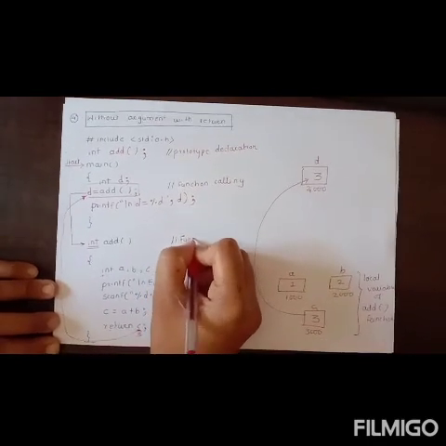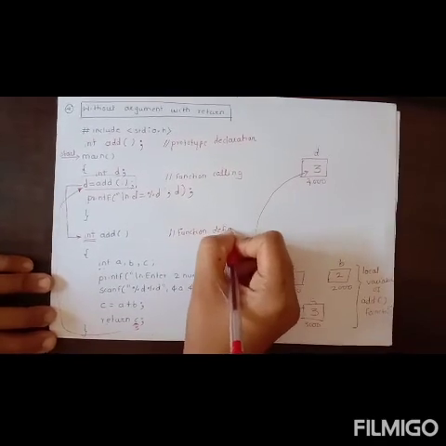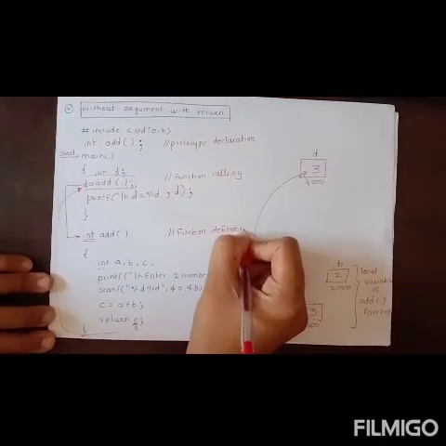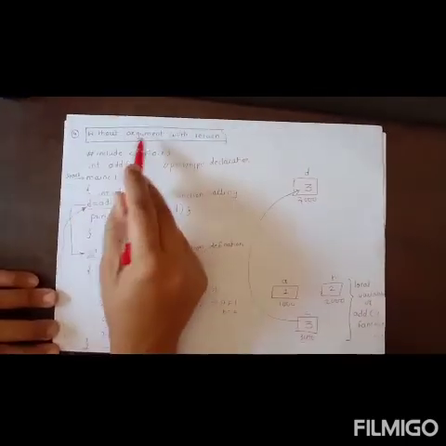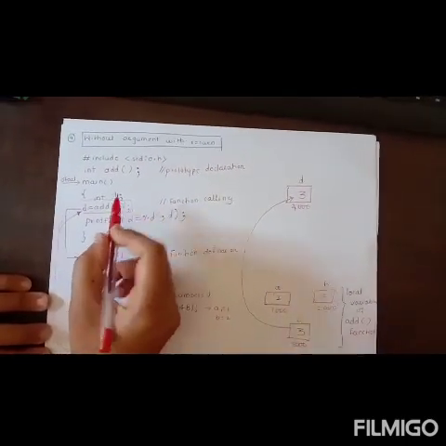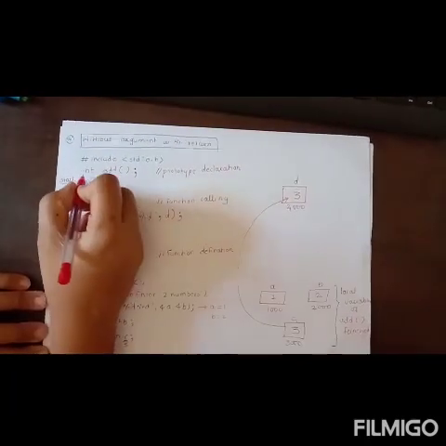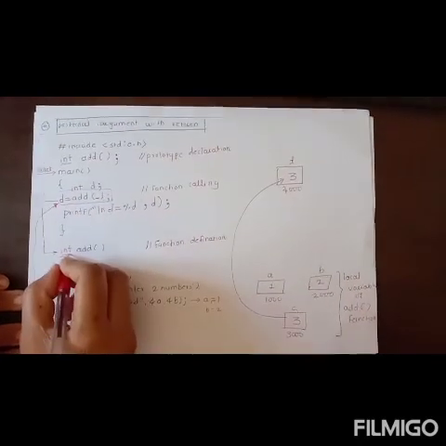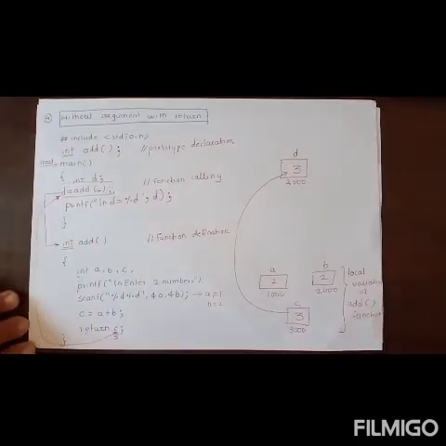This is a function definition. Okay, so this is the last type. Without argument, that means you are not passing anything. With return, that means you are returning an integer value. That's why the return data type is integer. That's it. Thank you very much.